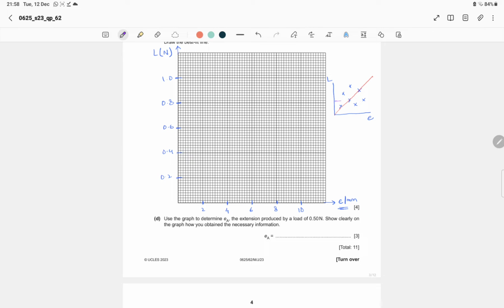Over here, let's suppose this is your 0.5 Newton, and then you have to go onto the graph and see what this value is. As per the marking scheme, it's going to be 5 mm, so I would be writing 5 mm over here. You have to do this with the help of the graph.